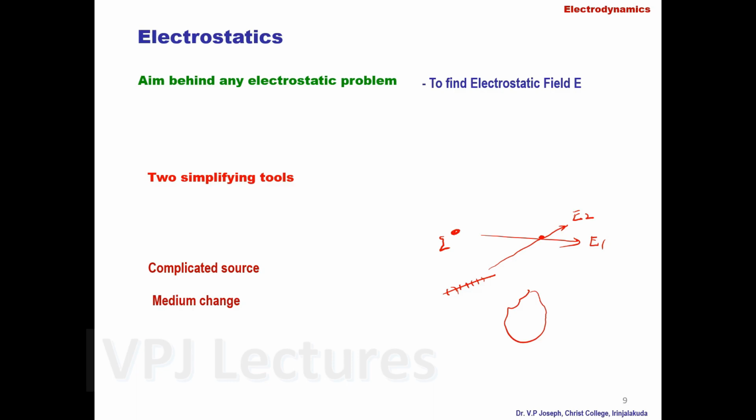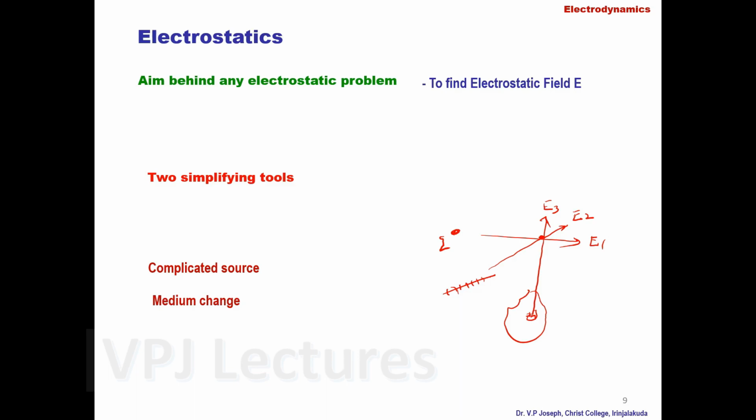Similarly, in this case also we have to find a small region here and find the electric effect due to a small portion, then integrate over and get the total electric field, that is E3. So the calculation of electric field becomes a complicated procedure due to the complications of the source.